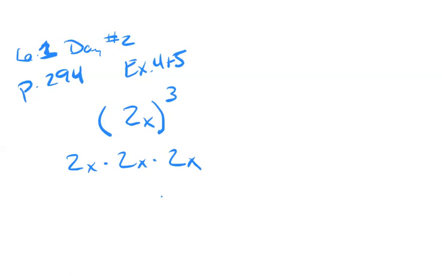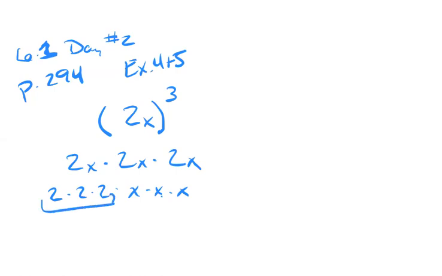Now, if I simplify that, remember when I multiply, I can multiply in any order. All of these are just multiplied together: 2 times x times 2 times x times 2 times x. If I rearrange that, I'm multiplying 3 2's together and 3 x's together. I'm just changing the order in which we're looking at it, and we're trying to get to the shortcut, what we're actually going to be doing today.